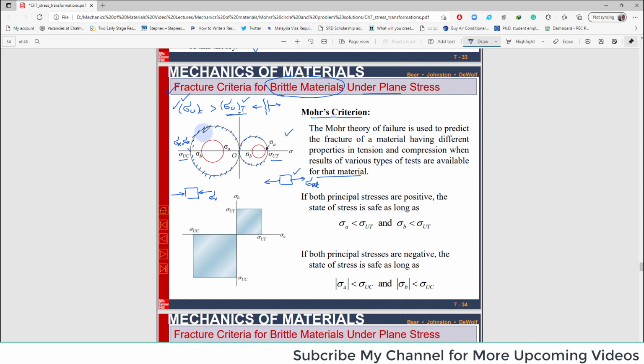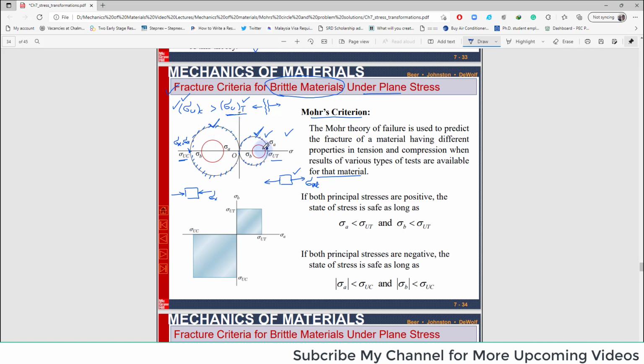Now, as we discussed, ultimate strength in compression is greater than ultimate strength in tension. So this circle has a larger diameter compared to this circle, which is for the tensile test. Clear? Again, remember that these two circles are for the standard tensile test and the standard compression test.